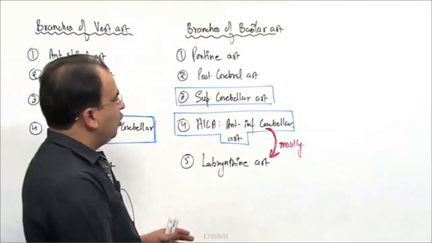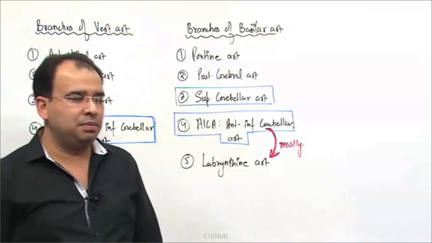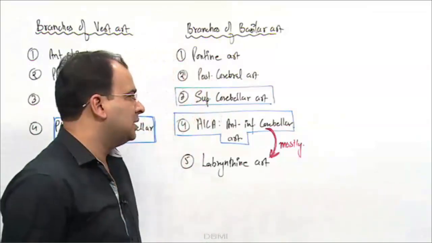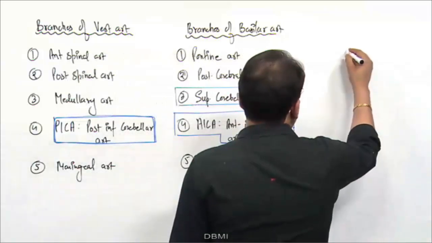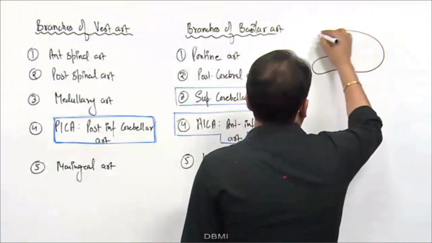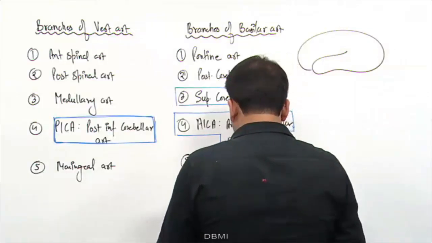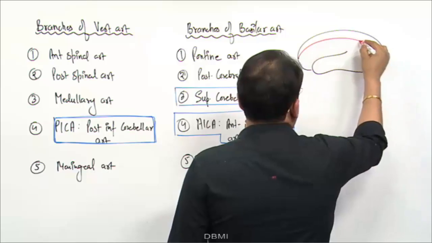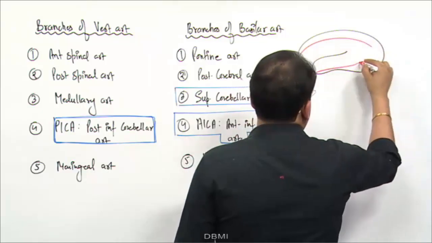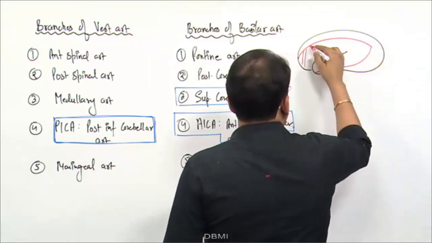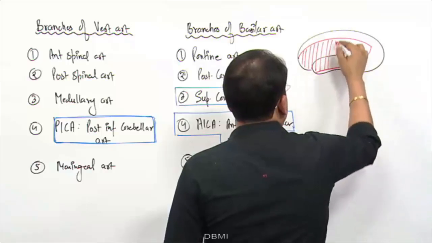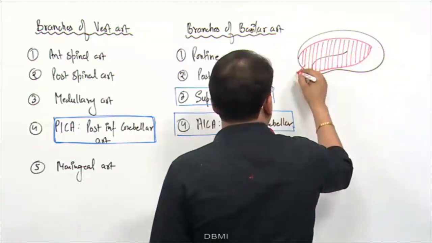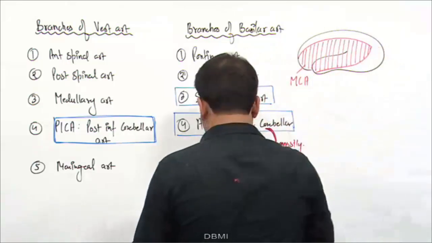Looking at the cerebral arteries, the anterior cerebral, middle cerebral and posterior cerebral artery, which artery is the dominant artery of which surface? So guys, on the superolateral surface the dominant artery is the middle cerebral. The majority of the superolateral surface is supplied by the middle cerebral artery.